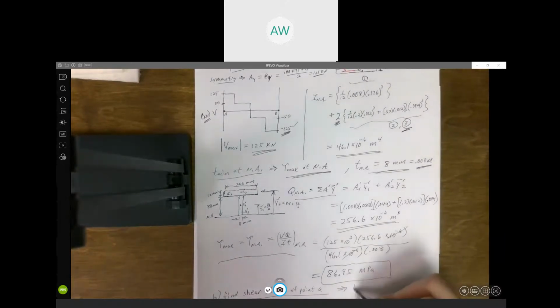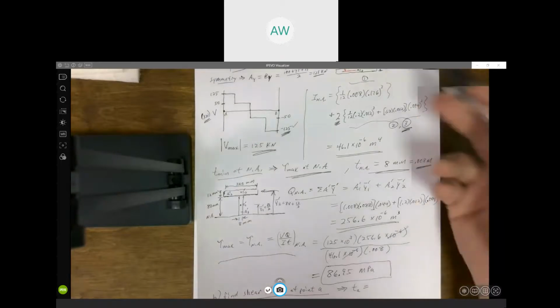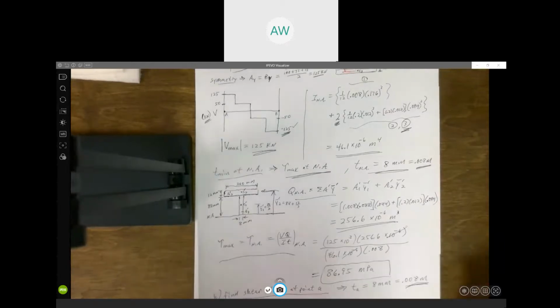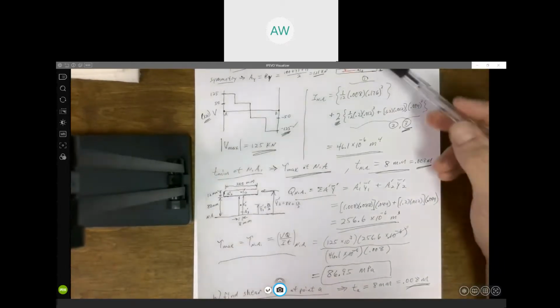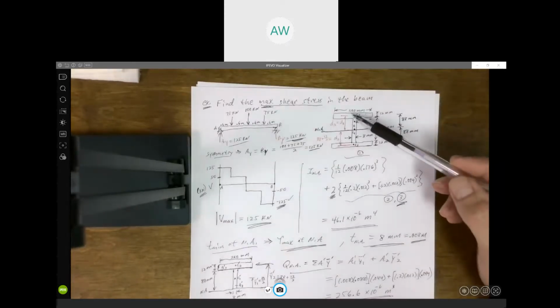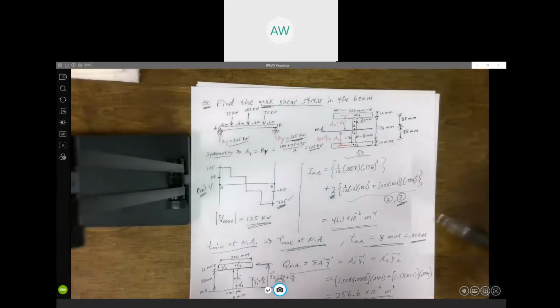But here, the thickness at A happens to be the same. It's 8 millimeters. But just to point out that it could be different, if we were looking at some point somewhere up here in this top flange, the thickness would be 200 instead of 8. So that could be different.